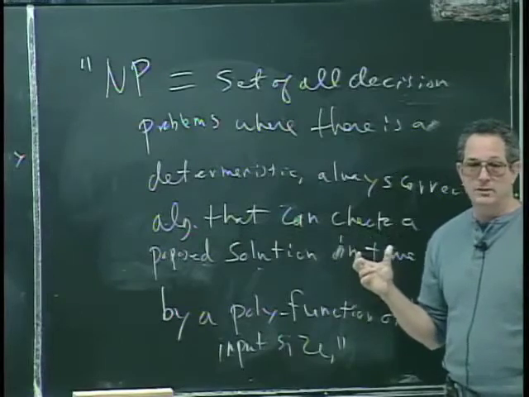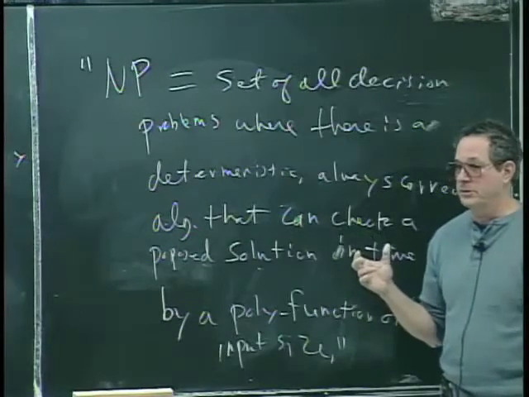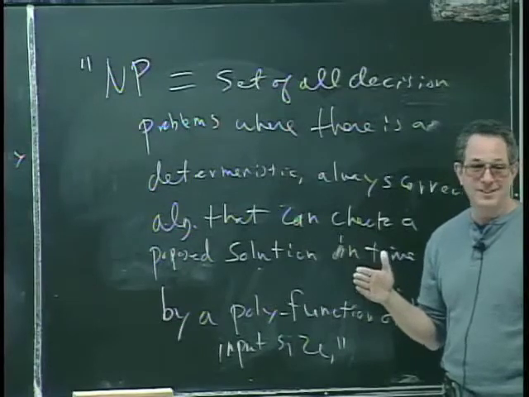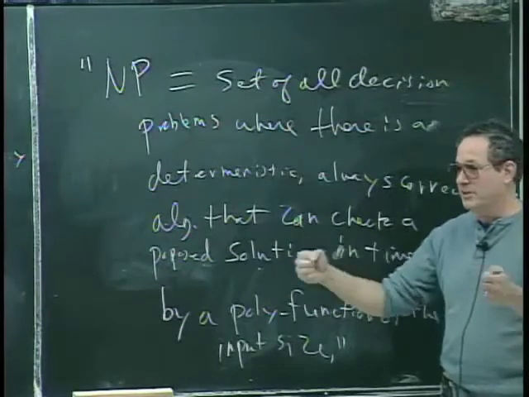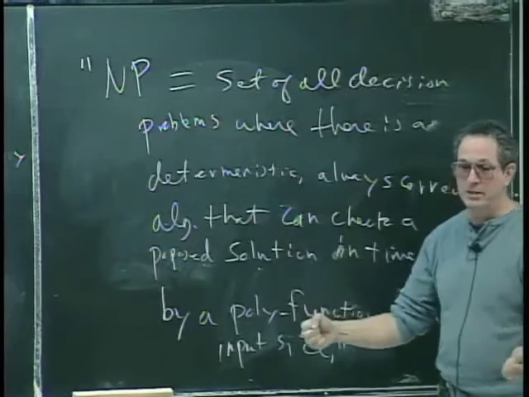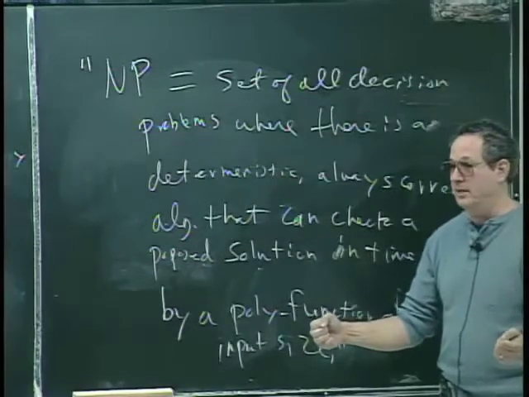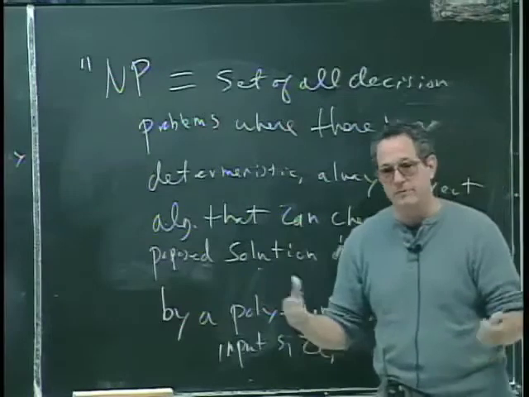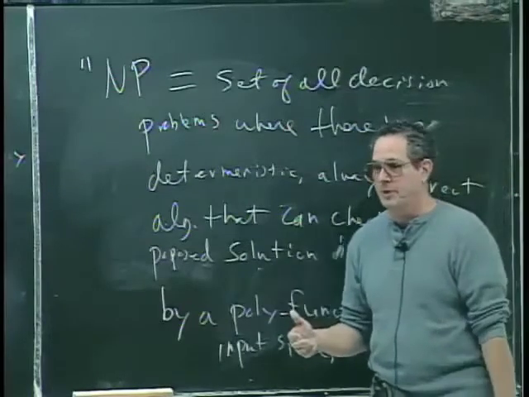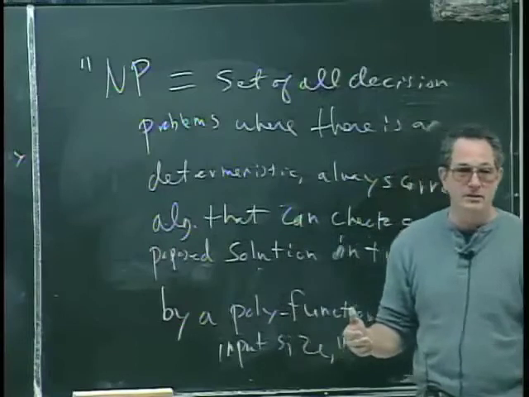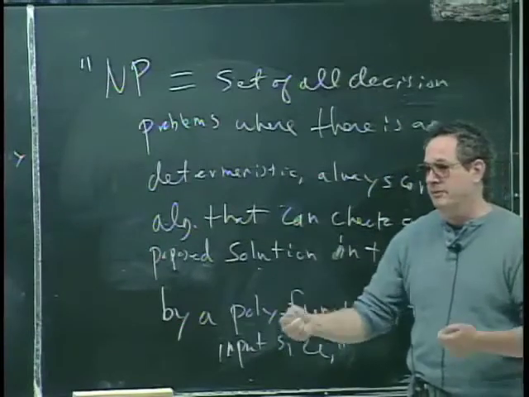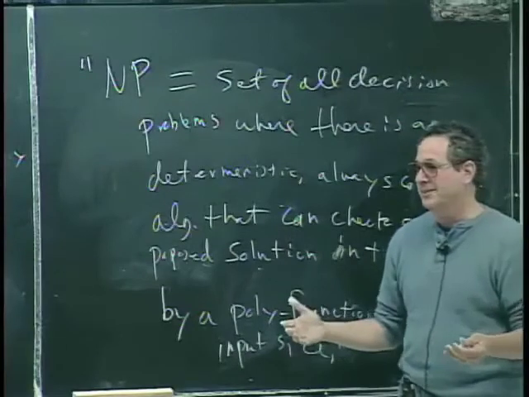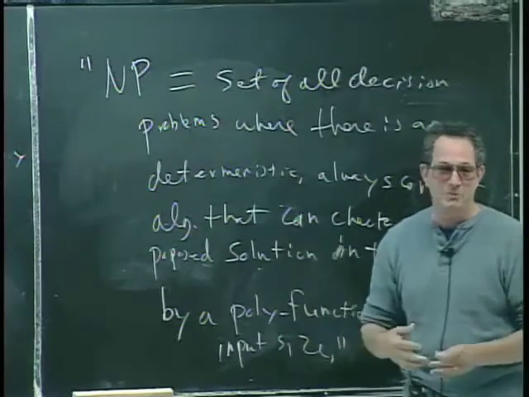So what is a proposed solution? The word yes or no. So you're given this gigantic number, and the decision question is, is it prime or not? And we don't have a nice algorithm for that, say. Do we have a nice checker for that? If the proposed solution is the word yes, does that really help you? You're back to the same problem.